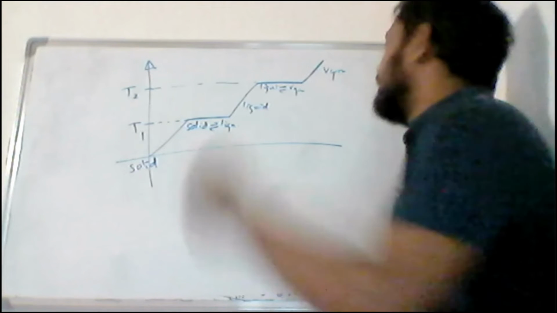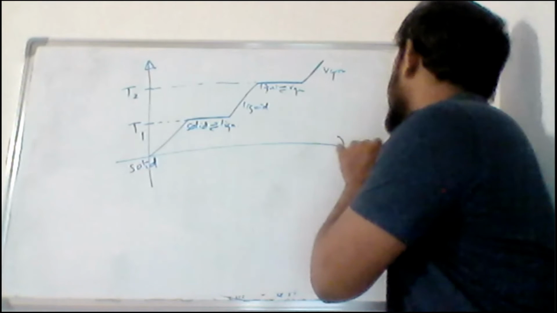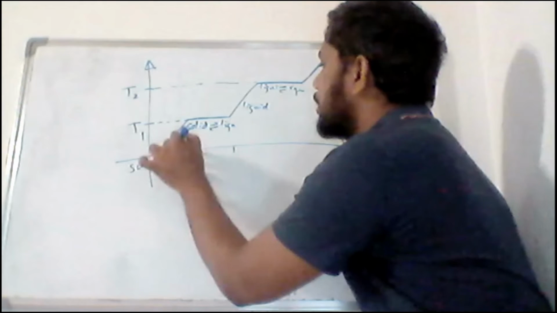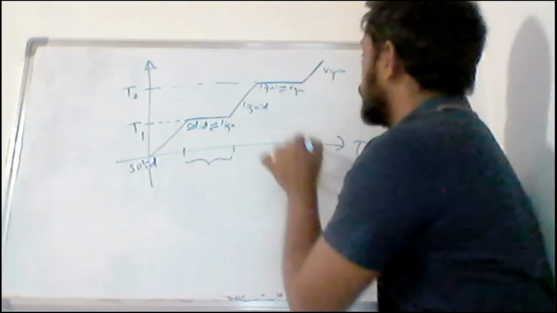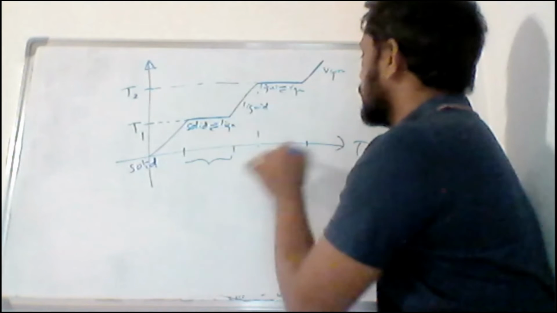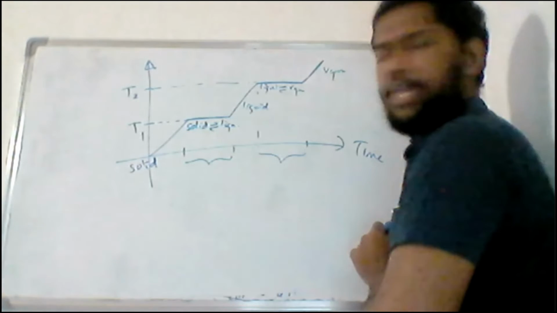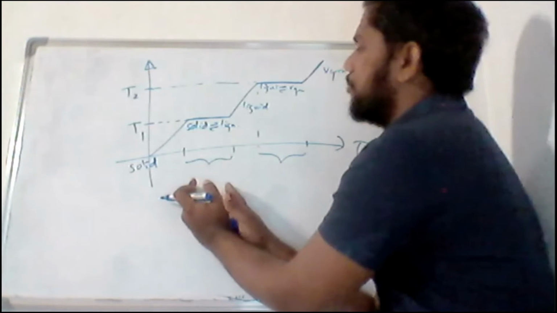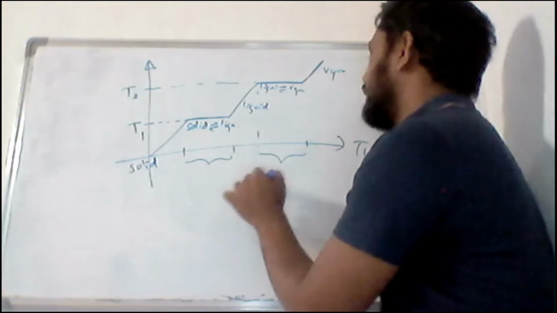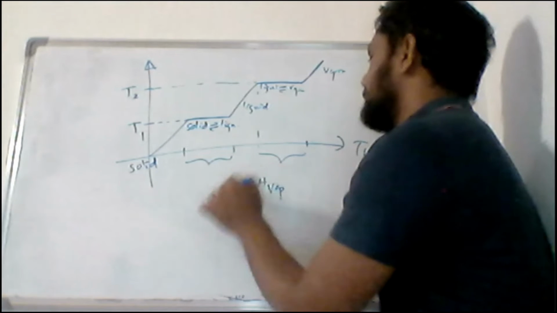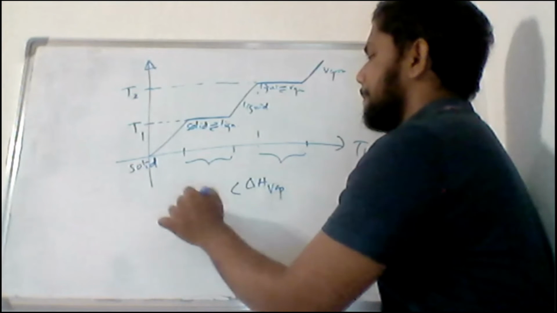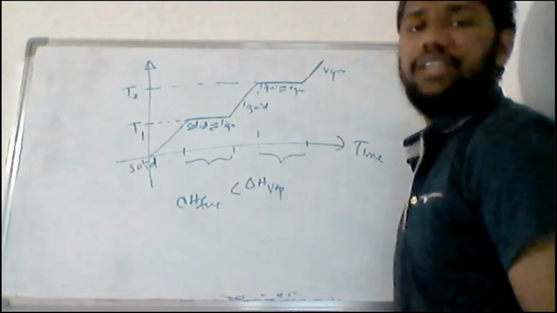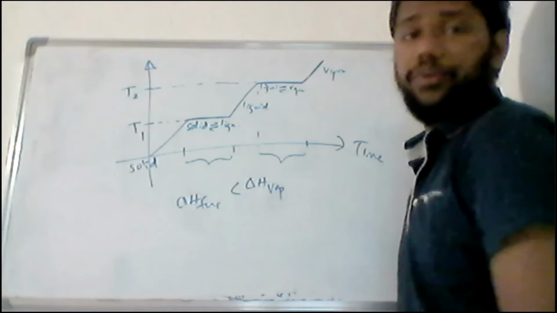Okay, so here this is time. The time difference between these two, this time should be very much larger than this time, because delta H vaporization is higher than delta H fusion.